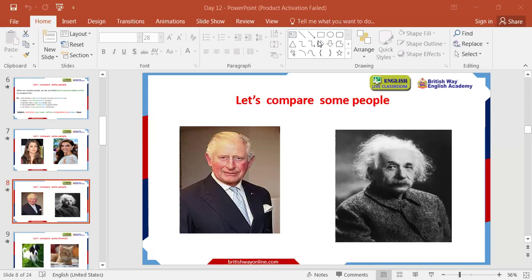Okay, tell more. Lasith Malinga bowls faster than Wanindu Hasaranga.